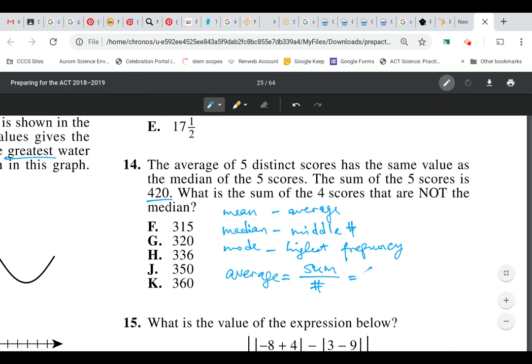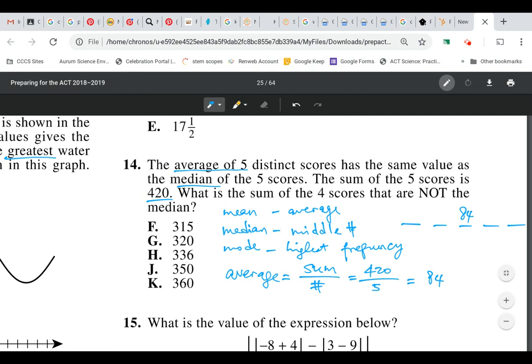So the sum is 420, the number is 5, and you get an average of 84. And it says the average of the 5 numbers is the same as the median. Okay? So the median is the middle number. So 1, 2, 3, 4, 5. With 5 numbers, the middle one is 84.